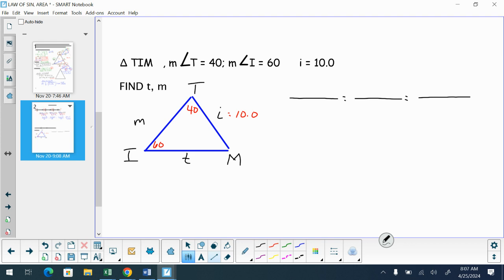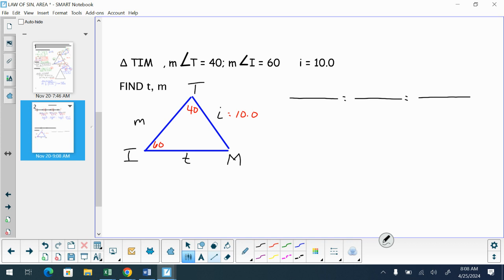Before we start throwing numbers in here, using the letters of our triangle, I want you to write 3 law of sines ratios for our triangle. Once again, do not feel that you have to do all these things at one time, because it will lead to mistakes. If you're bucking for a grade, you need a grade in this class that is going to help out your grade overall.